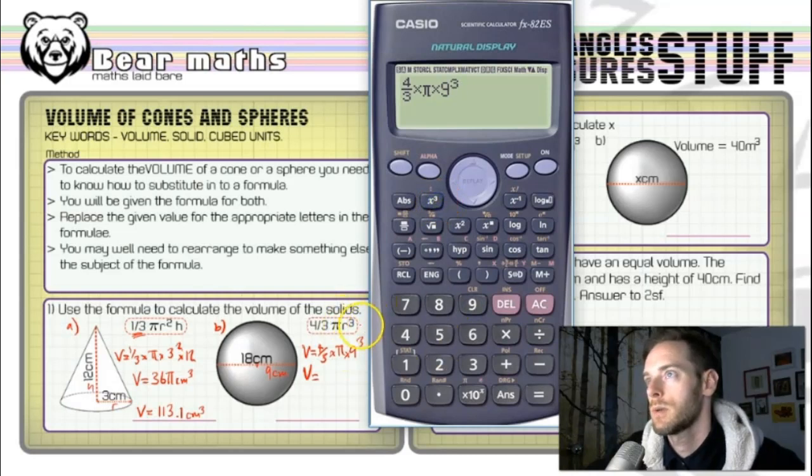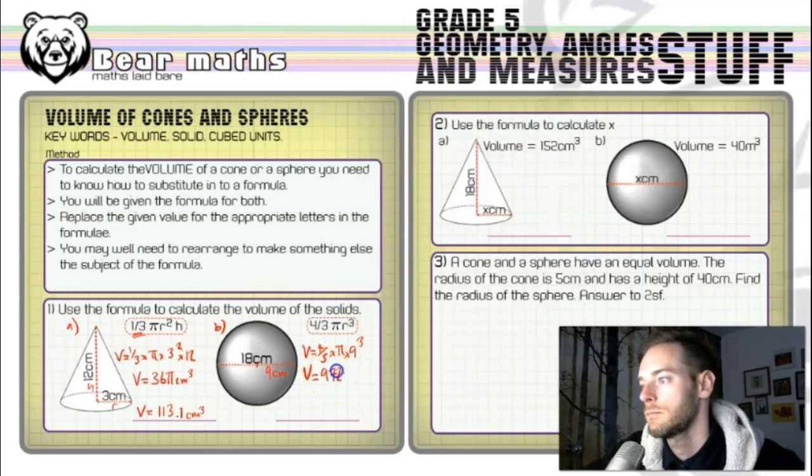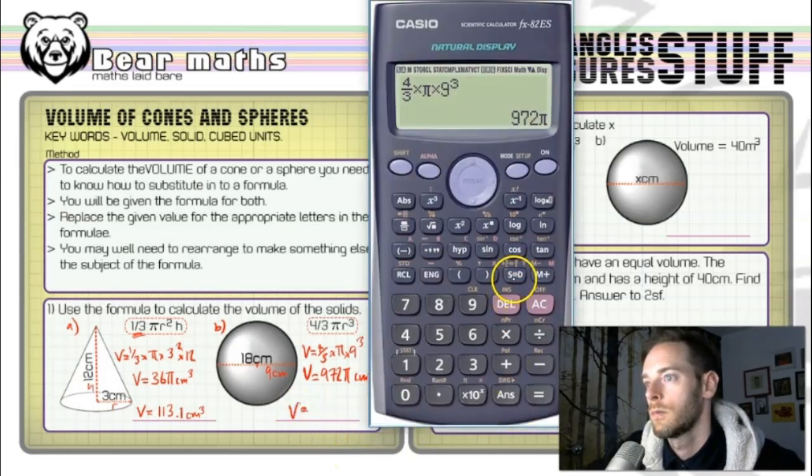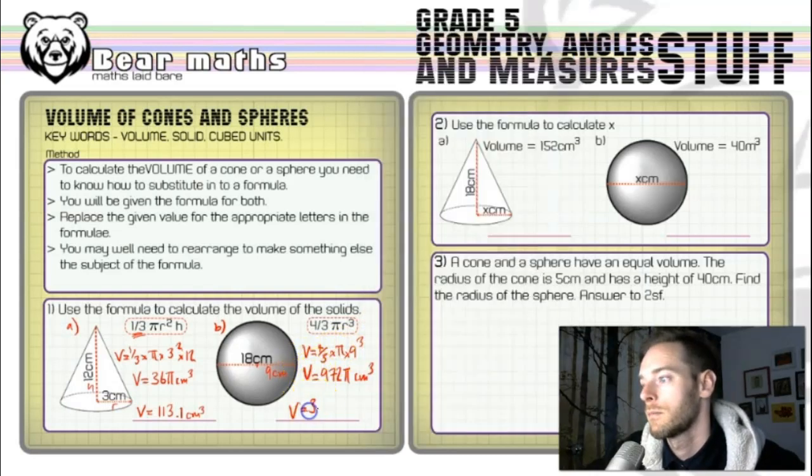Don't forget to press cubed. Some people press squared. I made that mistake myself before. So there you go, 972 pi centimeters cubed. Now the volume, if we wanted it as a decimal, is 3053.6 centimeters cubed.